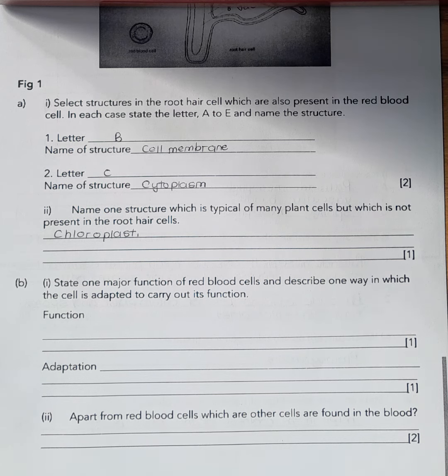And then on B part 1, we are supposed to state one major function of red blood cells and describe one way in which the cell is adapted to carry out its function. The function of the red blood cell is to transport oxygen in the body. And the adaptation of the red blood cell is that it has a biconcave shape which maximizes its surface area in order to absorb oxygen.